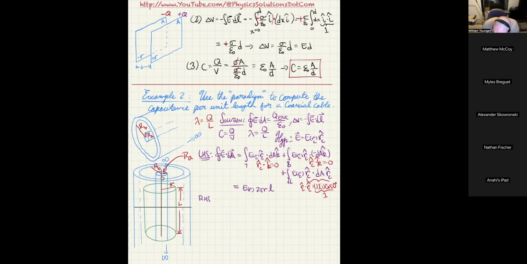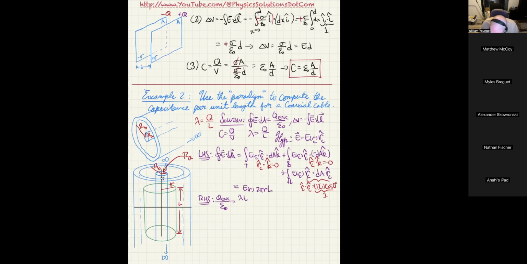Our right-hand side is Q enclosed over epsilon naught. And of course, the charge per unit length is lambda. So I'm going to call Q enclosed lambda times L. Oops, I used a sort of capital L, so I shouldn't have written that as a cursive L. Let me put it right.